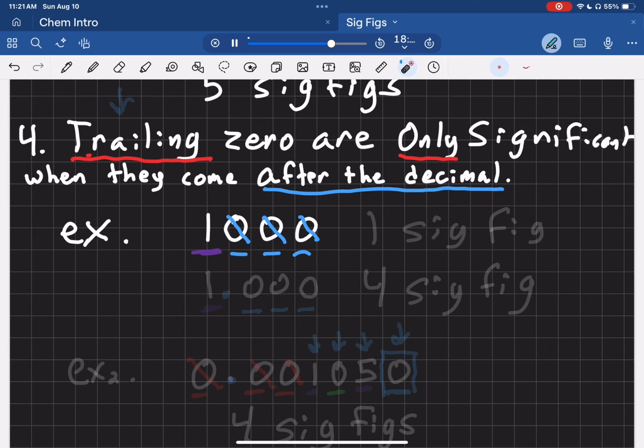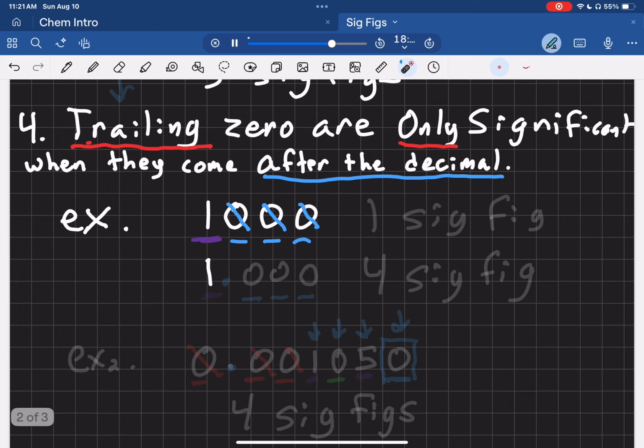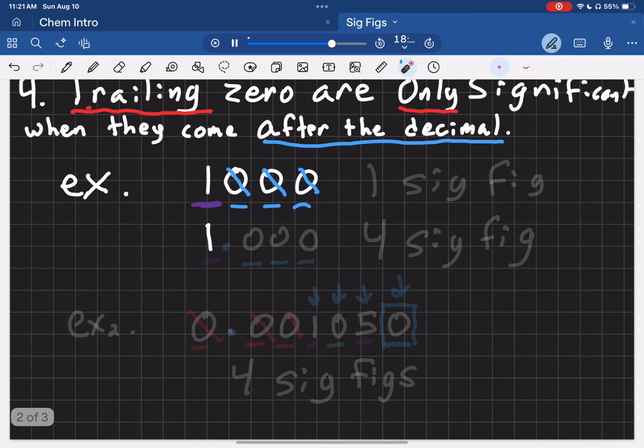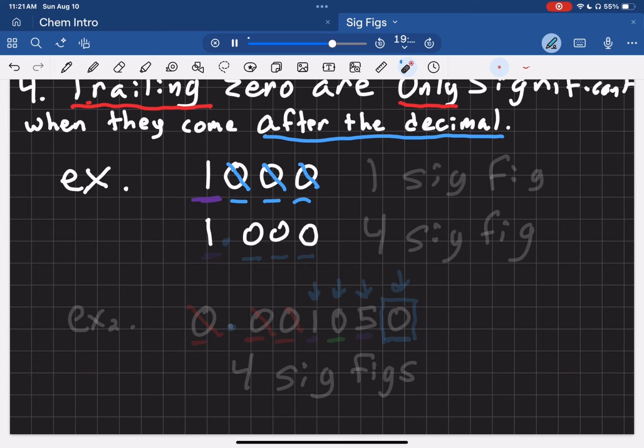So to show you a better example of this, I'm going to write not the same number, obviously, but a number that looks kind of like that. Instead of it being 1,000, I'm going to put 1.000. In other words, just the number 1, right? And let's take a look at this. Just like before, there's 1 non-zero integer, but we have these 3 zeros here, 1, 2, 3.